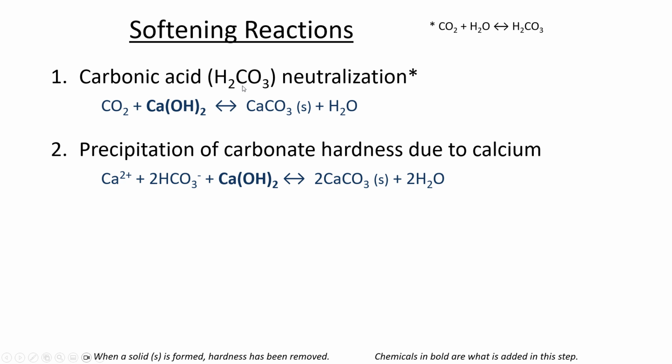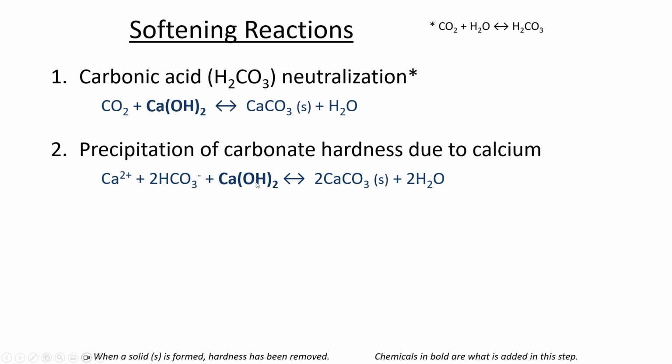Then once you've overcome that and you continue to add more lime, you're starting to increase the pH to the point where the calcium in solution, this is the hardness calcium we're trying to get rid of, is going to precipitate into calcium carbonate.